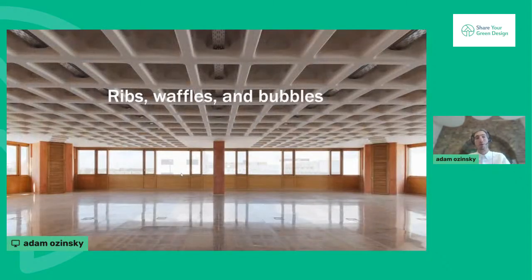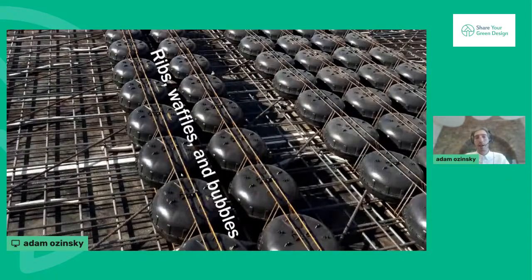We're seeing more and more waffles being asked about, so ribs in two directions, and equally bubbles. So a waffle with both ends of the sandwich closed. And all of these concrete systems work because they have less material in them than just a flat slab system.